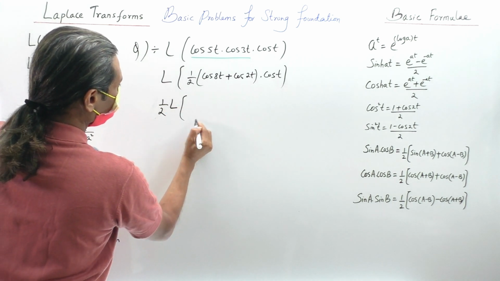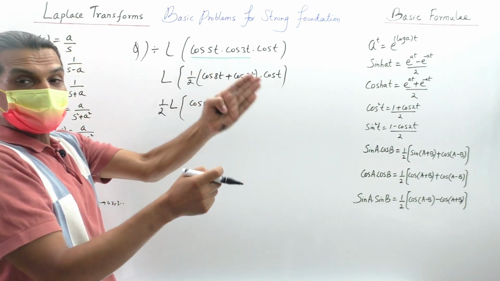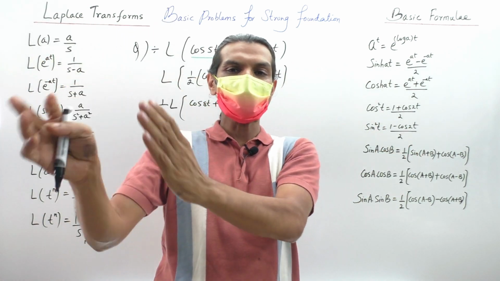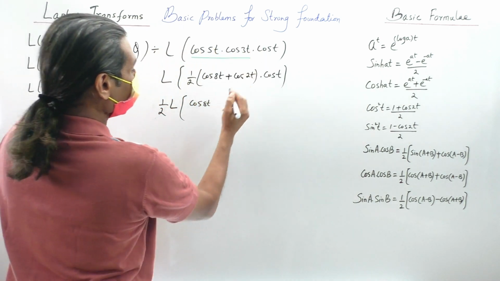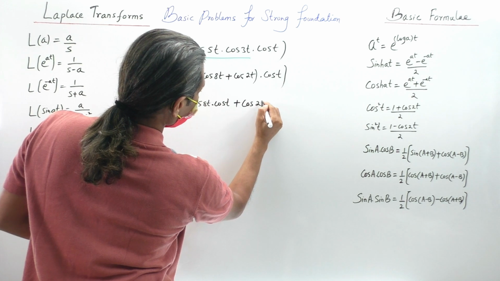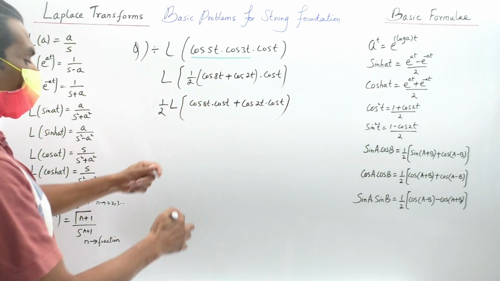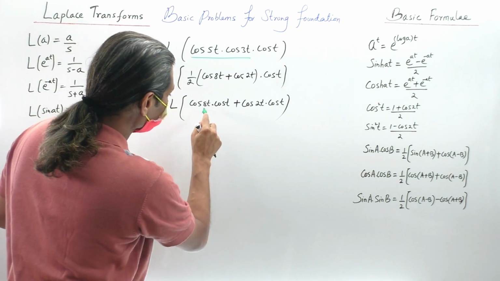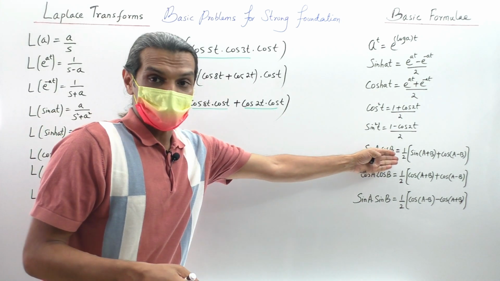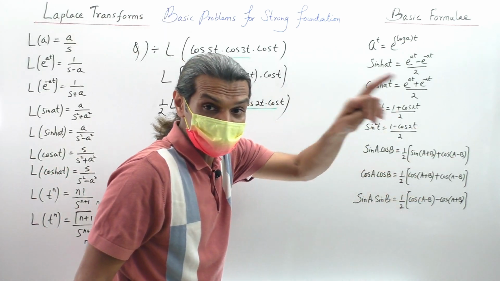Laplace of cos of 8t plus, see, when I open the bracket, this multiplies here. It's like (a plus b) into c is ac plus bc. So what happens? Cos 8t into cos t plus cos of 2t into cos t. Okay. Now again you need to apply this formula to make it again plus or minus. Again cos a into cos b is what? Half cos of a plus b plus cos of a minus b.